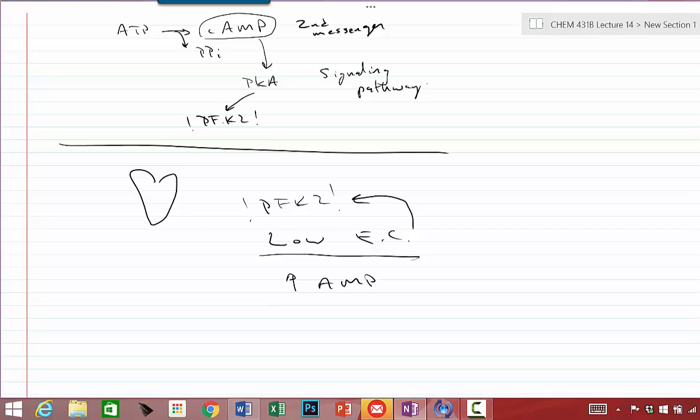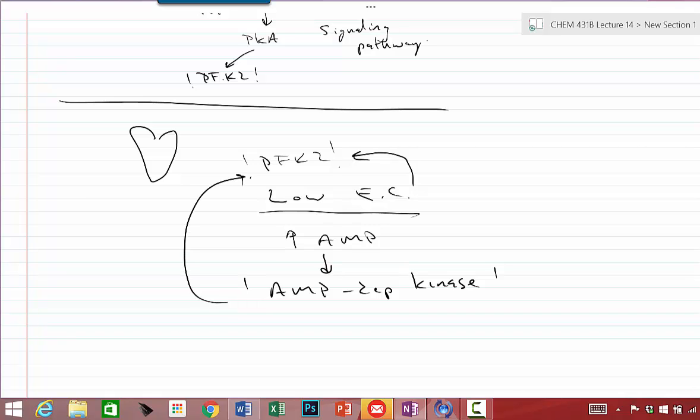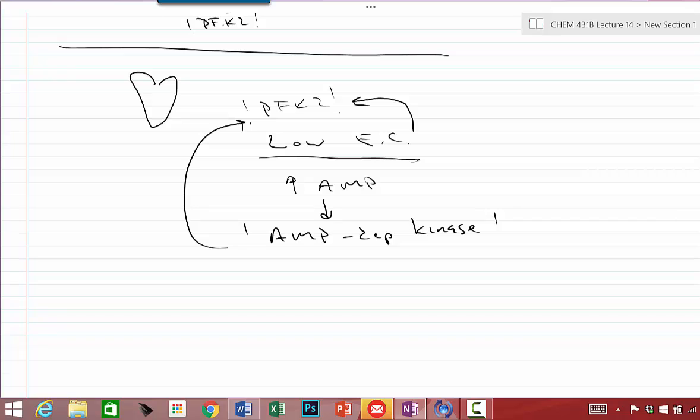Those high levels of AMP will bind to an enzyme known as AMP-dependent kinase. And that AMP-dependent kinase will then go ahead and phosphorylate this phosphofructokinase 2. And once it phosphorylates it, it actually activates the phosphofructokinase 2.